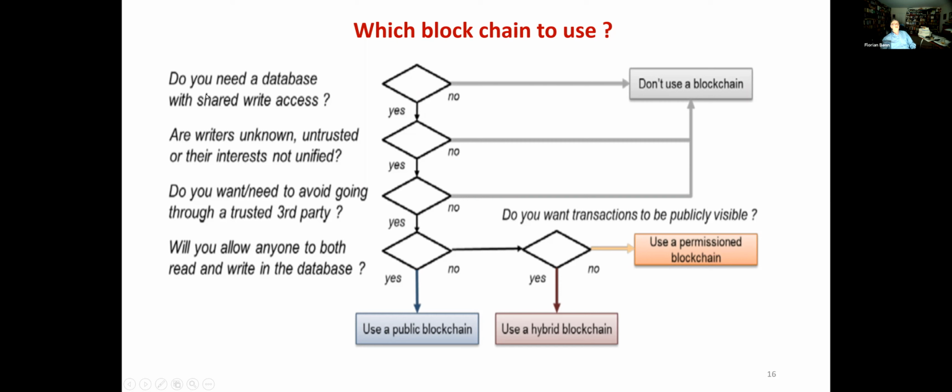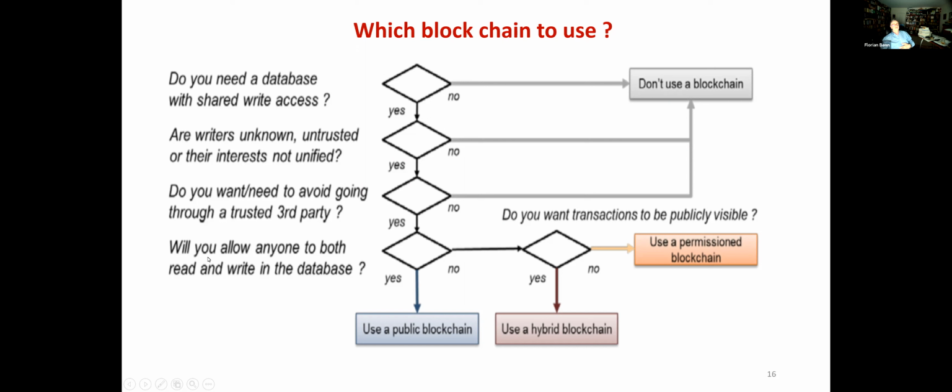But in this case, if you want to write shared information, if you don't use blockchain. If you do, you have known writers and they are untrusted, or they can be trusted. If you don't use blockchain. But if you have unknown writers and they cannot be trusted, you potentially can use it. And then if you need to avoid going through your trusted party, in other words, you want this decentralized self-maintaining blockchain, if you have that, then you do that.